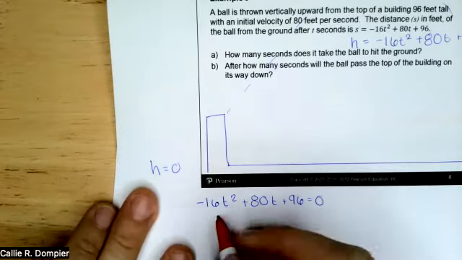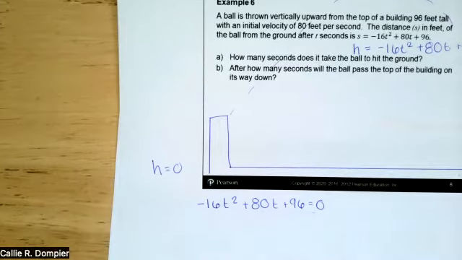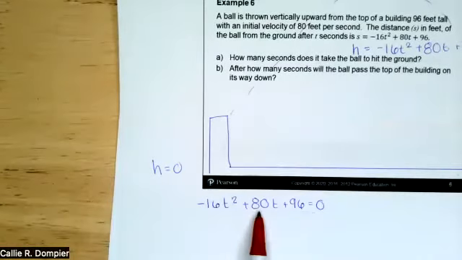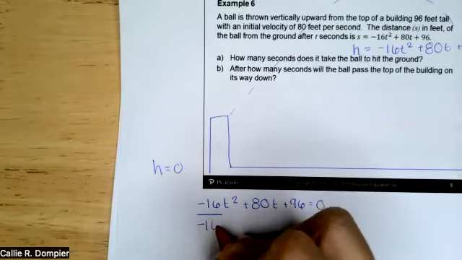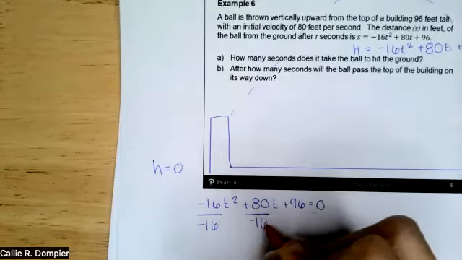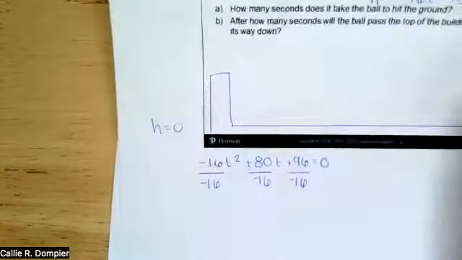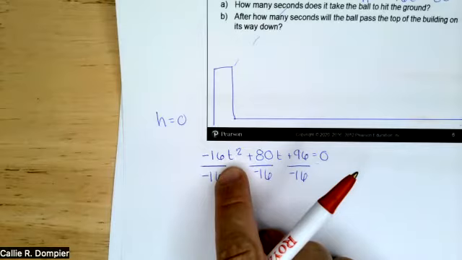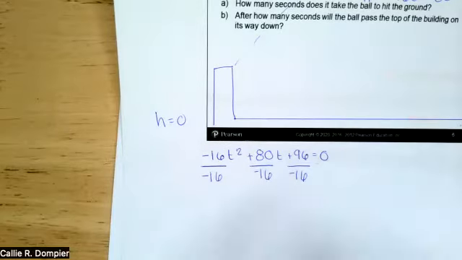Can I divide? So I'm basically just factoring this. If I can't factor it, I could put it in the quadratic formula. But what can I divide all three of these by? I think I can divide them by negative 16. I want to divide them by a negative because you don't want that first term negative if you're factoring, right? If it's t squared, you want them both to be positive t's down here.